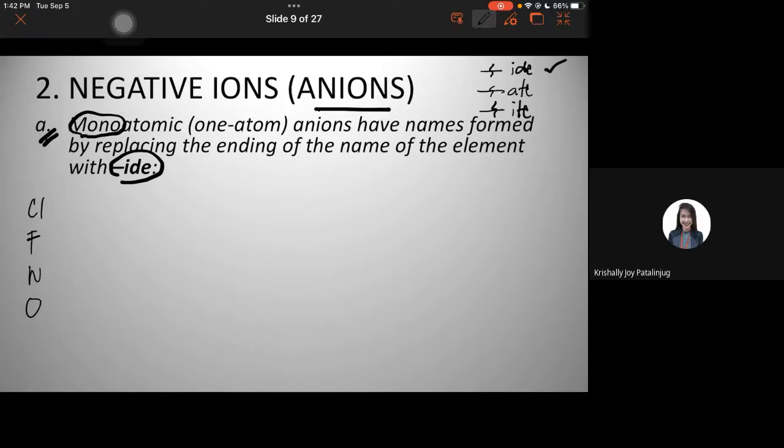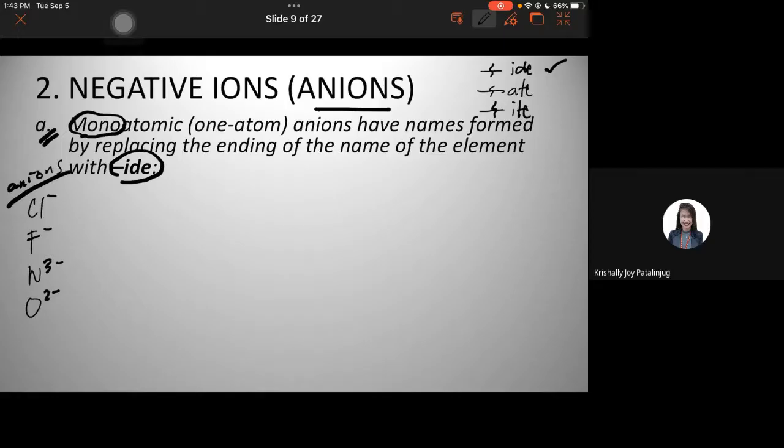When they form their ion form, let me write the ion form of these non-metals. We have Cl negative, F negative, nitrogen or N3 negative, oxygen 2 negative. These are already the anions of the non-metals.